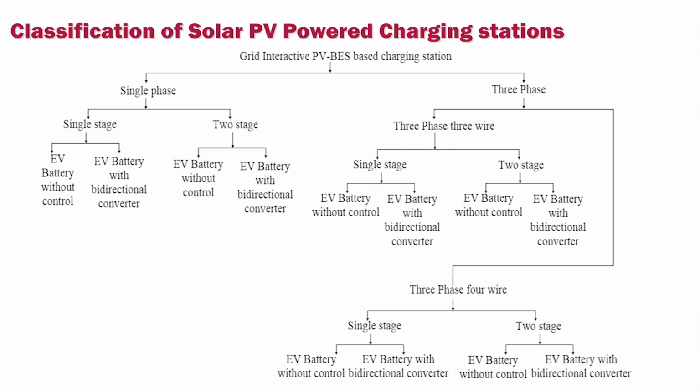It could be categorized into single stage and 2 stage, and we can have bidirectional or unidirectional power flow. On the other side, 3 phase can be divided into 3 phase 3 wire and 3 phase 4 wire, and further classified into single stage, 2 stage, and then unidirectional and bidirectional.